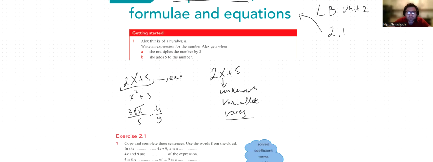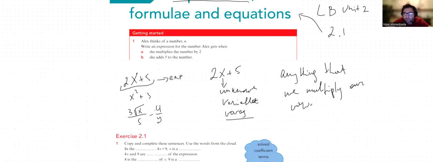Anything that we multiply our variable by is a what? A coefficient, okay?